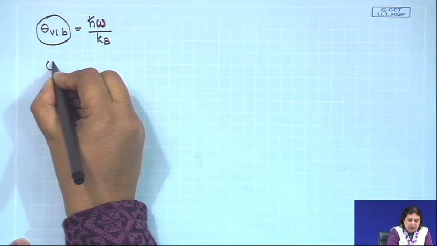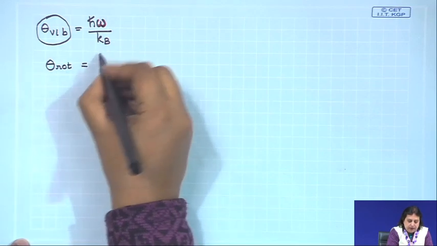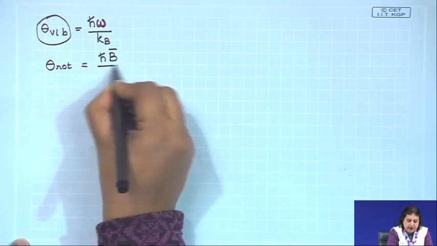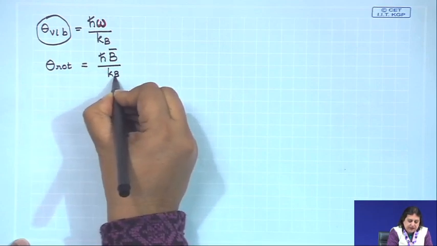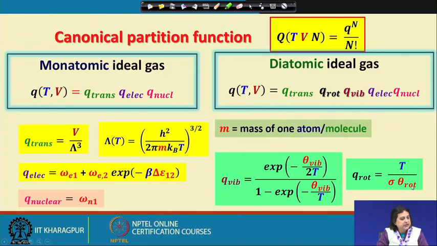and here theta rot is given by h cross b bar by kb, where b bar is the rotational constant that can be found from the rotational spectrum of the molecule under consideration, and so this is once again a characteristic property of the system.